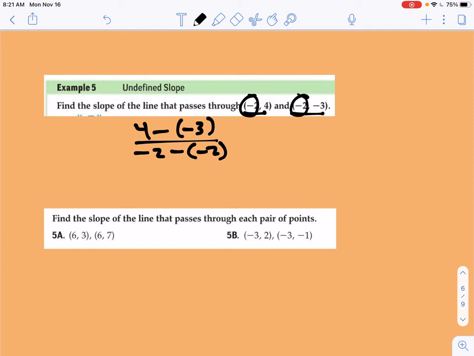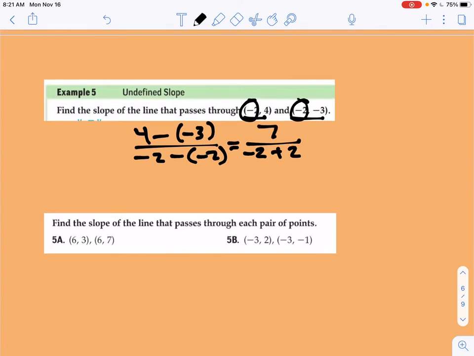On the bottom of this fraction we get negative 2 plus 2. On top we get 4 plus 3 is 7. But on the bottom, negative 2 plus 2 is 0. And you should know that you can't divide by 0, or, well, you can try it, but it's undefined. It does not have a number.